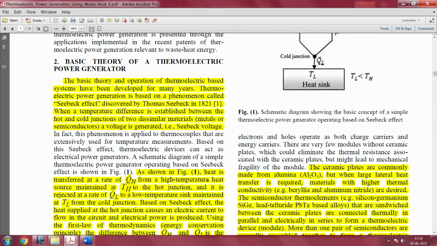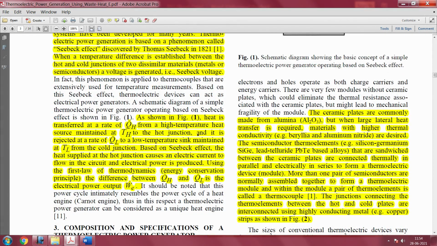Okay. And you can see as shown in figure 1, heat is transferred at a rate of QH from the high temperature heat source which is maintained at temperature TH, and it is rejected at a rate QL to a low temperature sink maintained at TL. The TL is the cold side temperature.